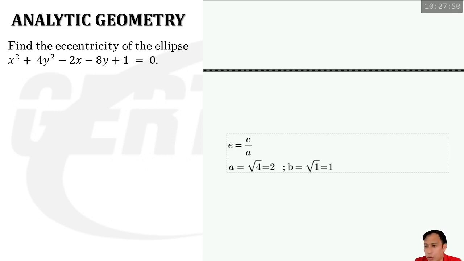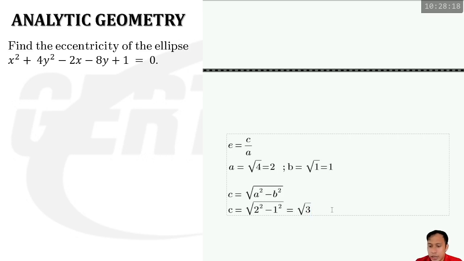Okay, so solving for that, ano yung C? Formula is C is square root of A squared minus B squared, no? Dapat A is longer. So, C dito is equal to square root of 2 squared minus 1 squared, or that is equal to square root of 3.